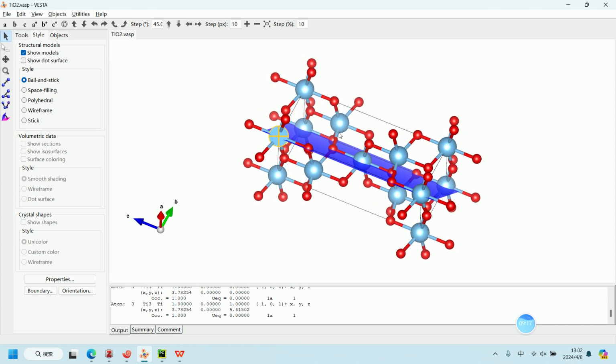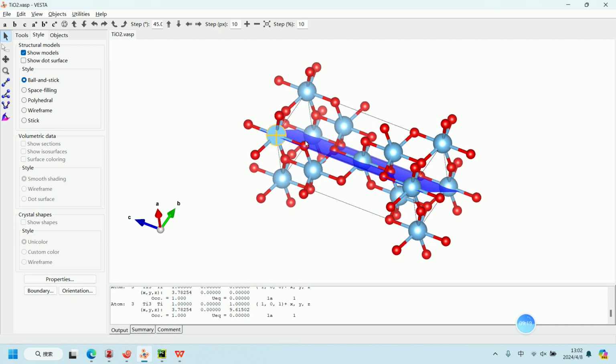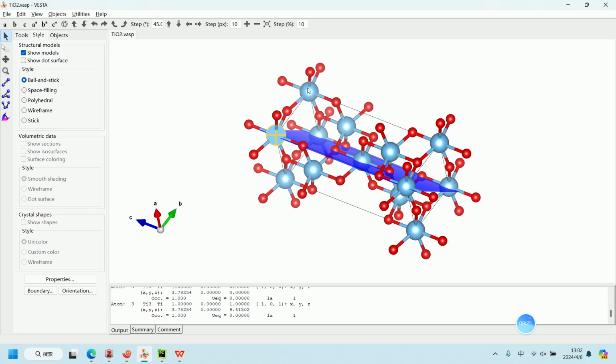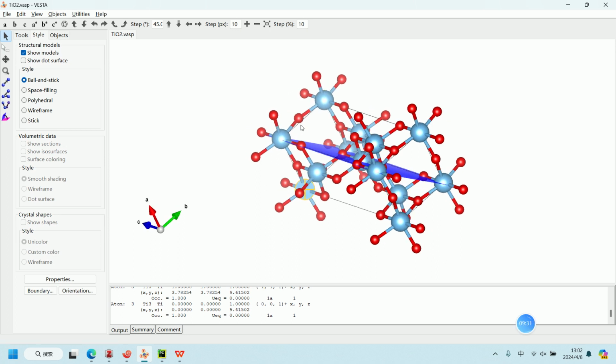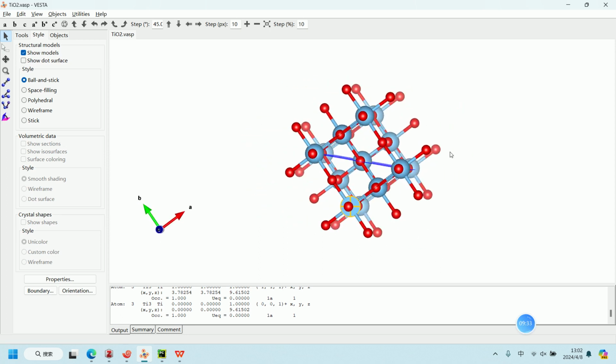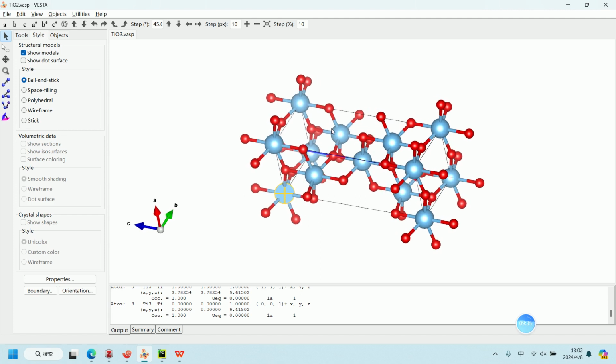So we can directly select these two atoms and make a difference between the position vectors of these two atoms to find a C prime vector. Let us copy this.